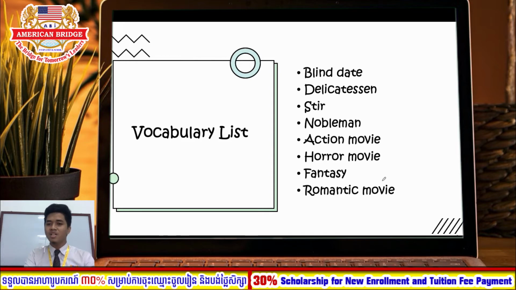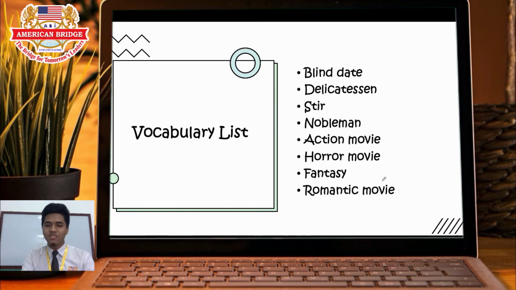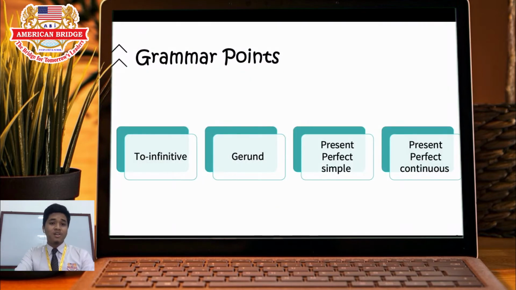But to get some idea, make sure you are able to find the correct definitions for all these words. And make sure you have enough time to study all of these words before you take the test. So that's it for the vocabulary part.